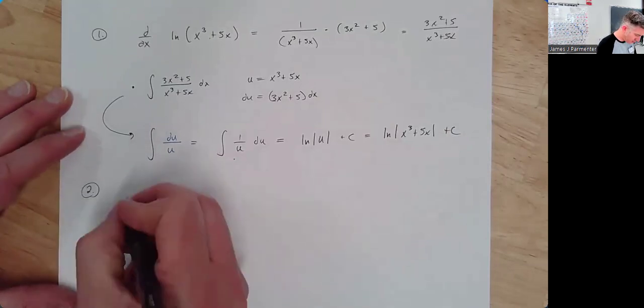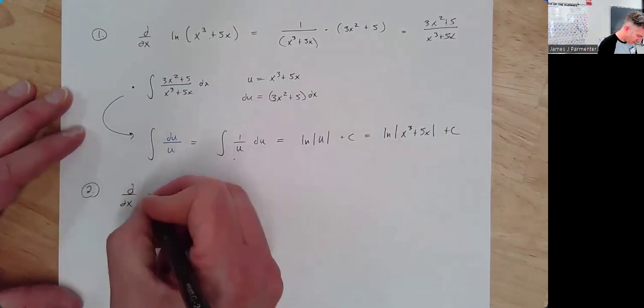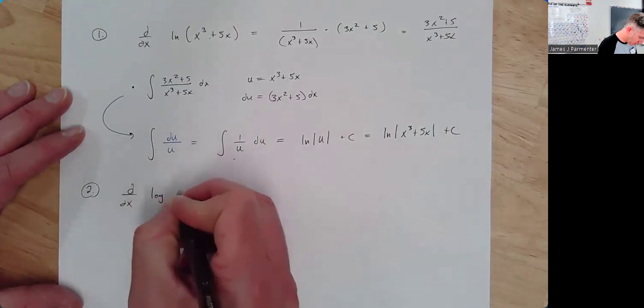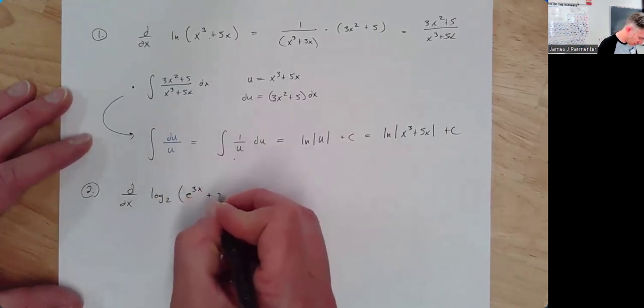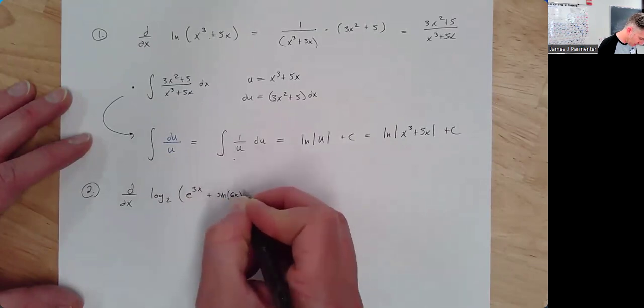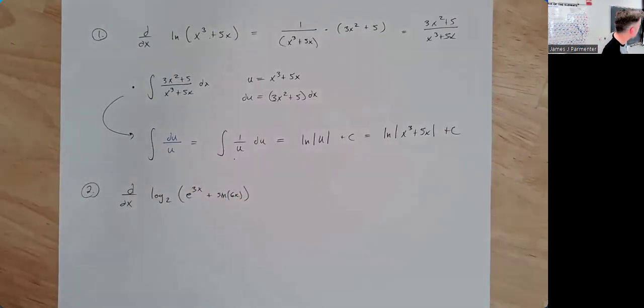Let's say we wanted to find the derivative of the log base 2 of e to the 3x plus sine of 6x. This one's going to be a little bit gnarly. I'm going to really ignore the 2 until the very end, because I know that that 2 means I'm going to have, at the very end, what in my denominator? And we look back at the list.